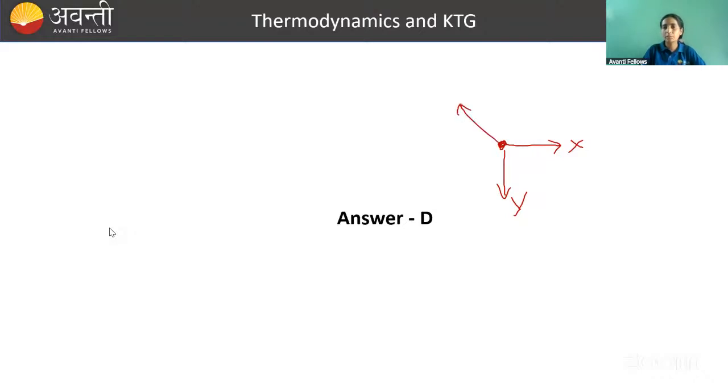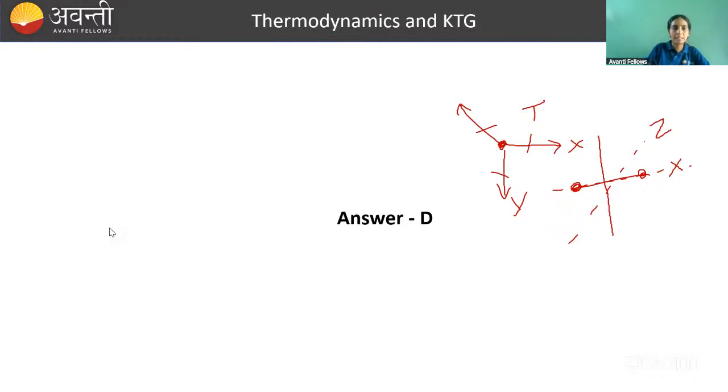So that is why for translation, it has 3 degrees of freedom. रोटेशन के लिए उसी तरह से हम लेते हैं, if there is a diatomic gas it cannot rotate around its bond. You are a chemistry student, you can understand. If something is moving around the bond, it will break. So around this x-axis it cannot rotate, but around y-axis and around z-axis it can rotate. So that is why for diatomic, 3 degrees of freedom for translation and 2 degrees of freedom for rotation.